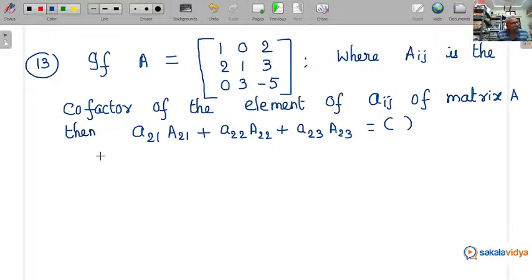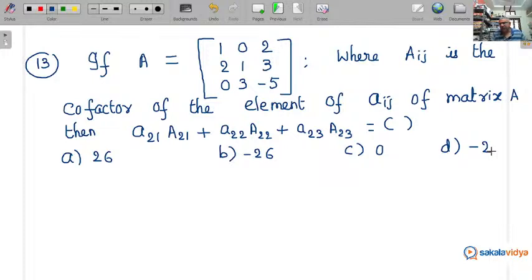So here the options: option A is 26, option B is minus 26, option C is 0, option D is negative 2.